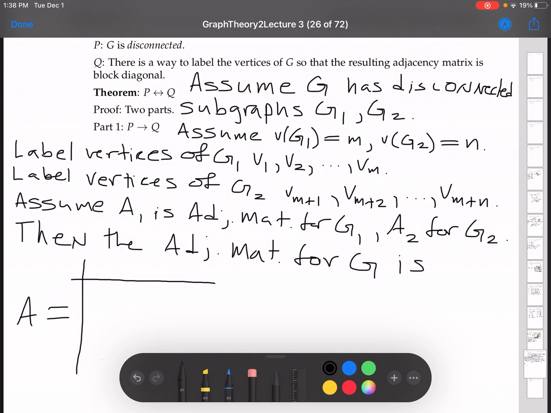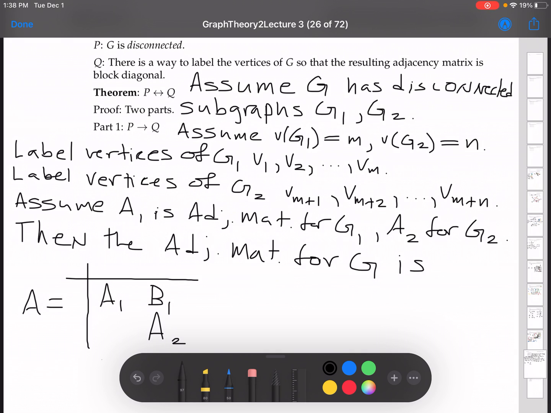And remember, we can think of an adjacency matrix as a grid that displays the adjacency or edge information. All right, so it's going to have this form.